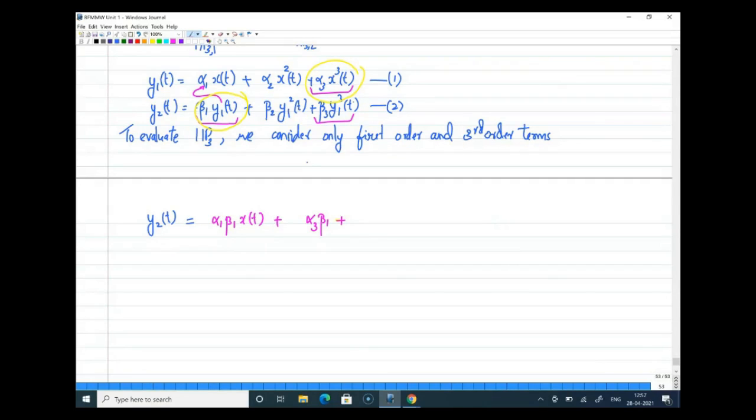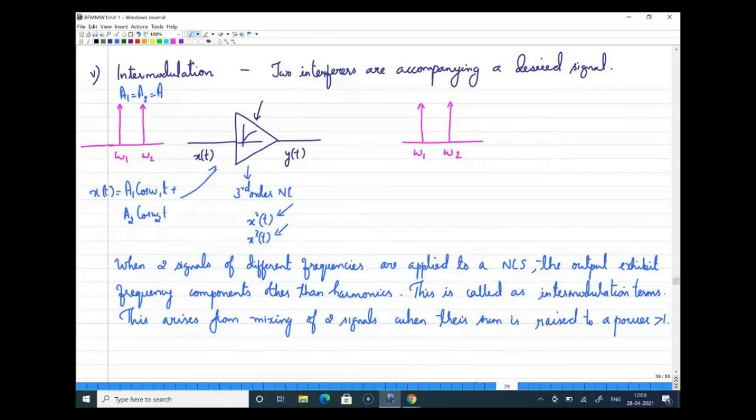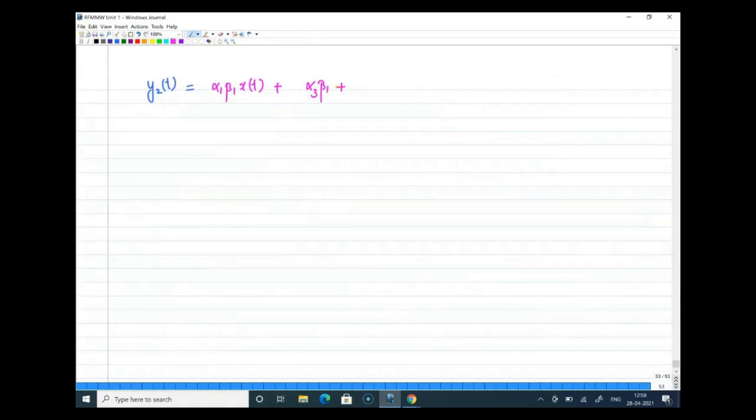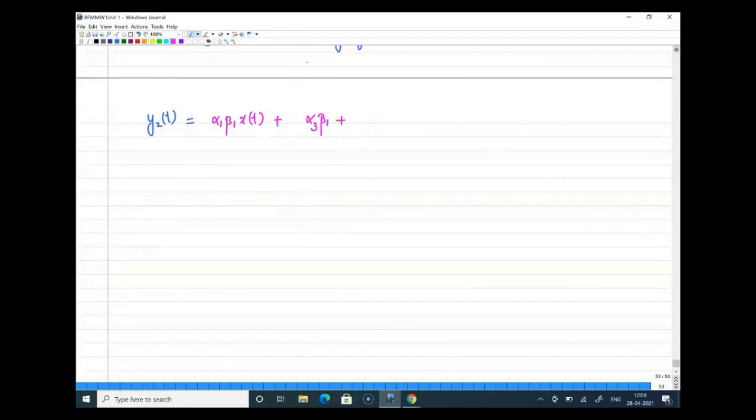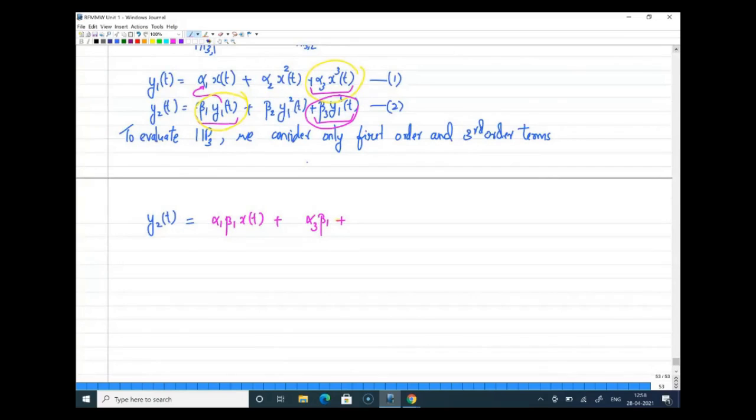You have this term here, which is beta 3 into y1 cube of t, right? So that also will give you a term. Sorry, it is y1 cube. That means you will have alpha 1 cube and x cube of t, so I'll write it as alpha 1 cube into beta 3 times x cube of t.